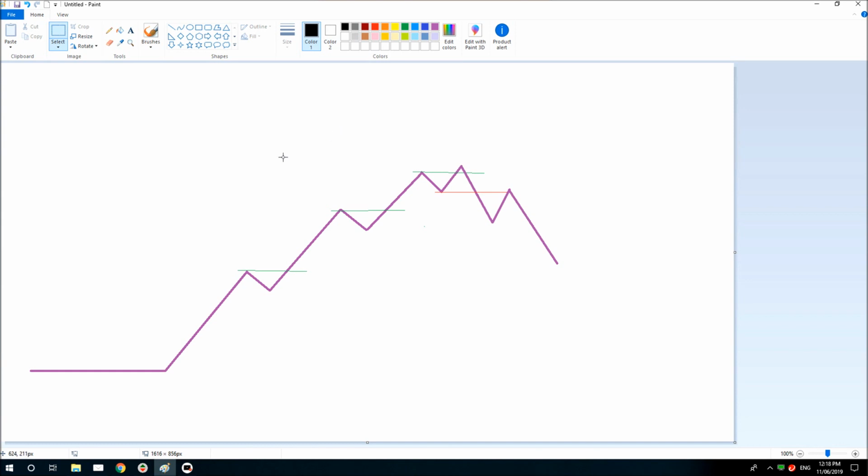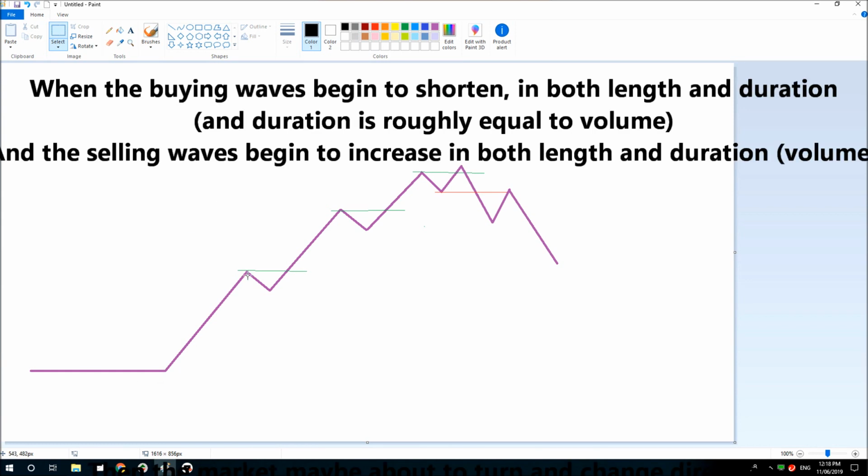And he said, when the buying waves begin to shorten in both length and duration, which is roughly equivalent to volume, and the selling waves begin to increase in length and duration, then the market may be poised to change direction or change trend.